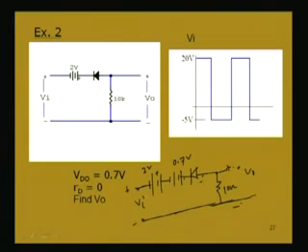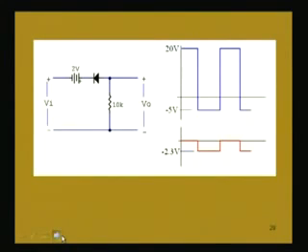When it does not conduct, there is no conduction of current and this drop is 0. So, we get this 0 drop in the positive half cycle, when it is not conducting.